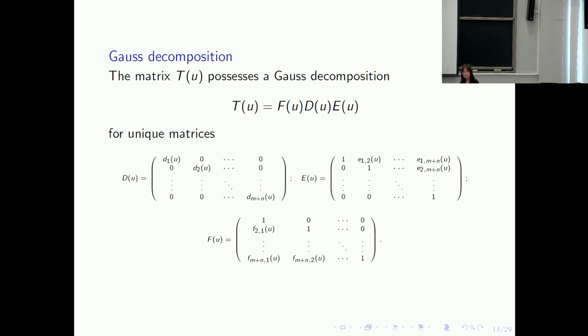Is it an obvious algorithm to do the Gauss decomposition in your case? Is it easy to prove it? No. It's not very difficult, but much more complicated. There are some parities in characteristic p that make the computations much more complicated, technical.